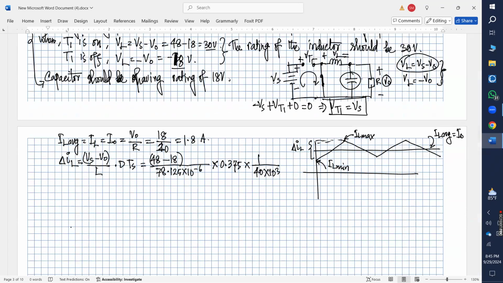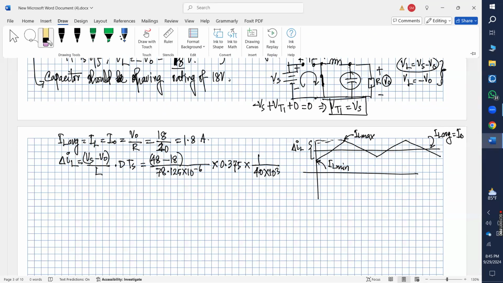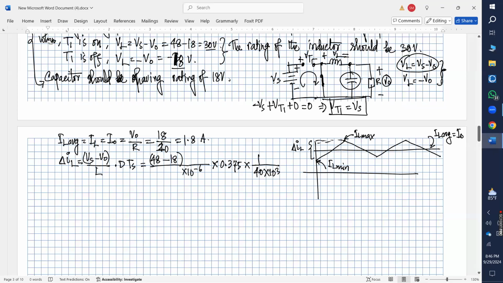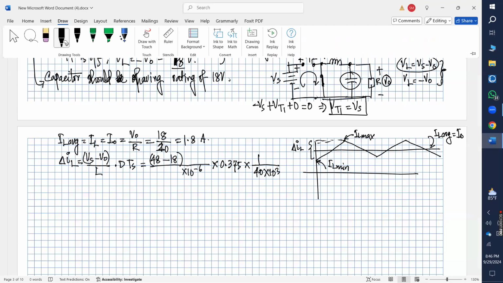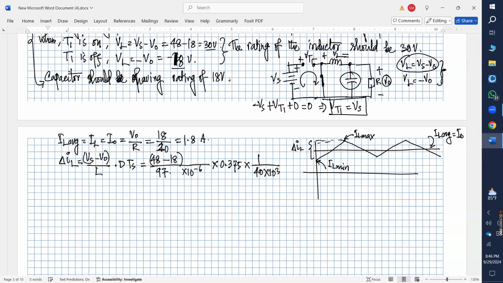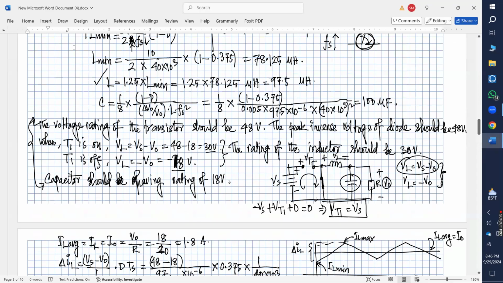Thank you. So we designed the circuit for 78 point. Yeah, I am doing something very hurriedly, so that's why I'm making some mistakes here. So 97.5.